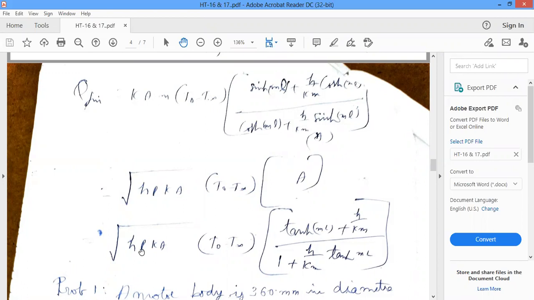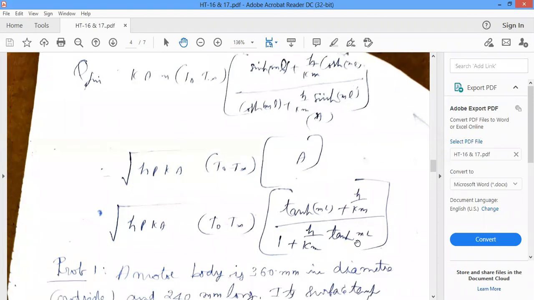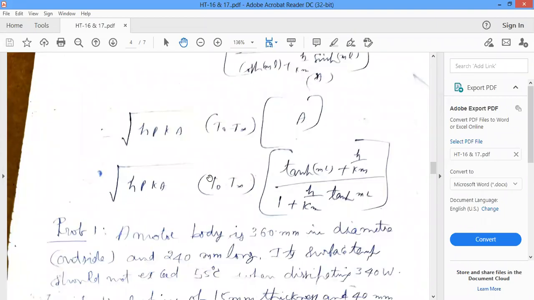You can easily remember this equation: root hPKa into (T naught minus T free stream) into (tanh mL plus h by km) divided by (1 plus h by km tanh mL). Up to this, yesterday we completed the two derivations.